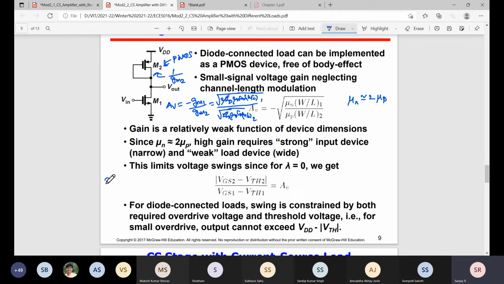Okay, so now I can write gm from a different perspective. gm1 is mu n Cox W by L times VGS1 minus VTH1. So what is gm2?